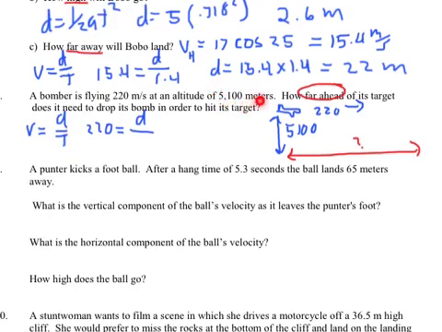But I do know how high it is, so therefore I can get that by using our old friend d equals 1/2 at squared. So I know the distance is 5,100 equals half of a, which is 5, times t squared. So I have to divide.